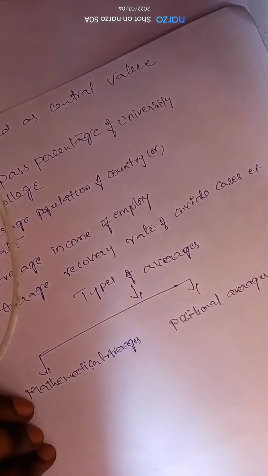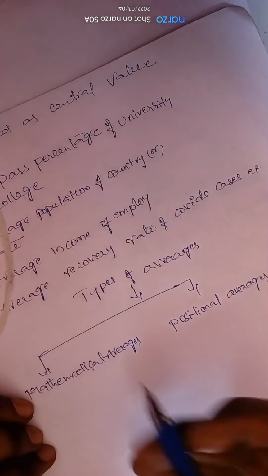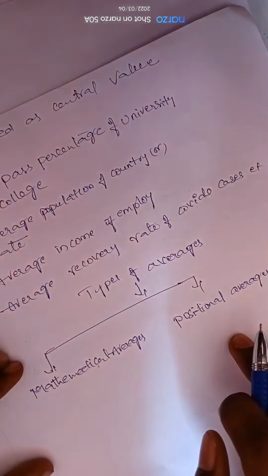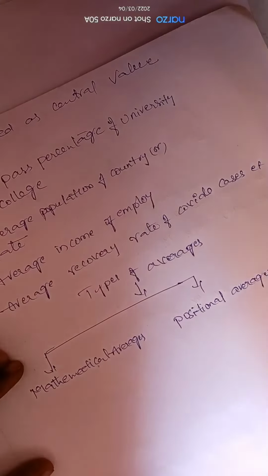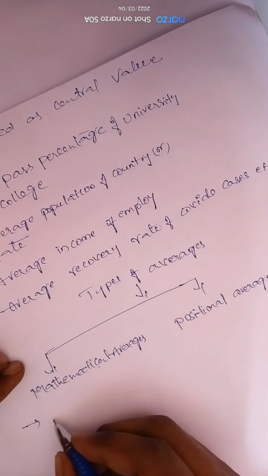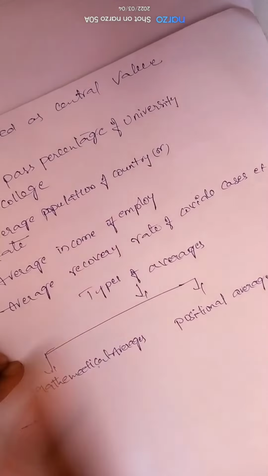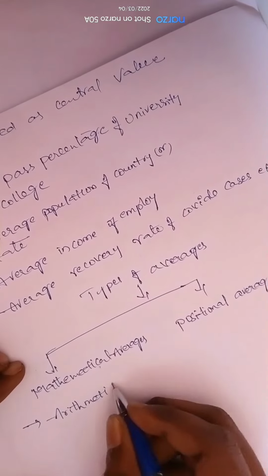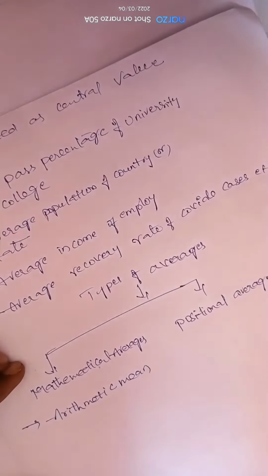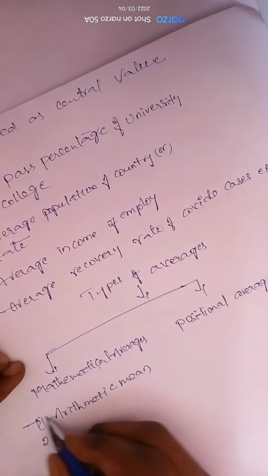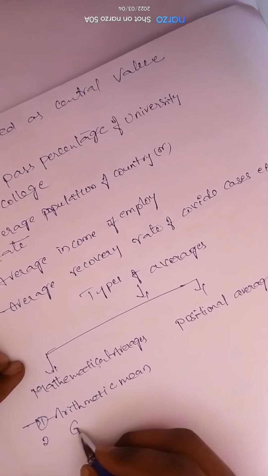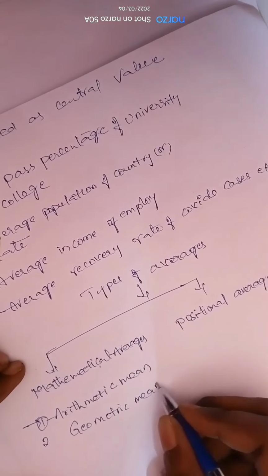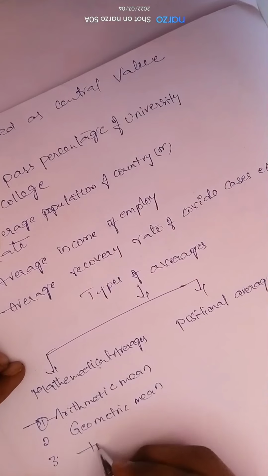Again, these averages are subdivided into many parts. The mathematical averages are subdivided into three parts. One is arithmetic mean, second is geometric mean, and third is harmonic mean.